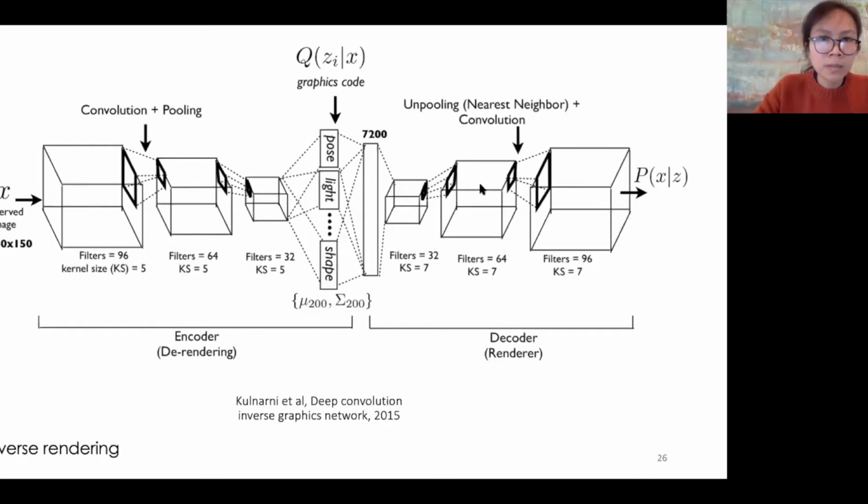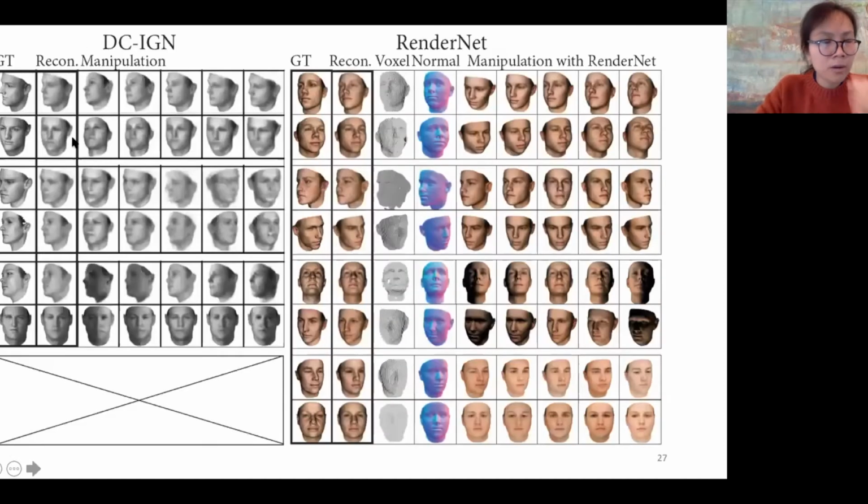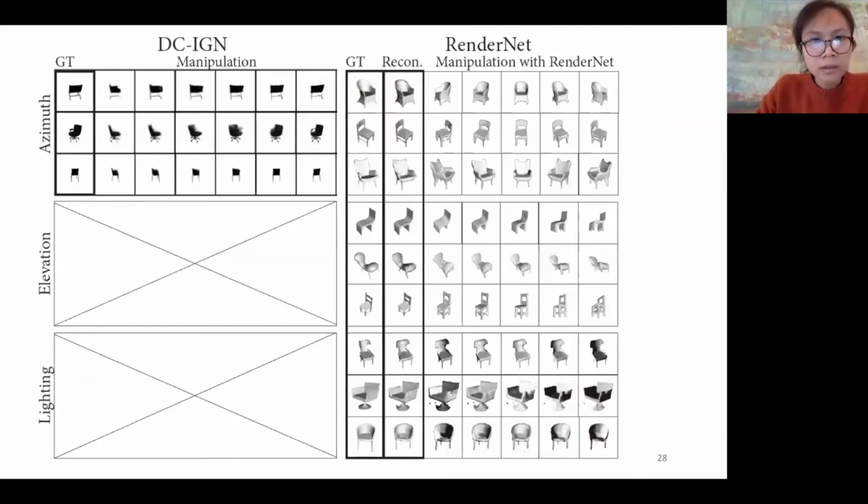So if you want to change the pose, you basically manipulate this latent variable. And if you compare that to RenderNet, this is our competitive method. As you rotate the face by interpolating this latent pose vector, there are a lot more artifacts compared to explicitly dealing with 3D geometry. The result is just much sharper and produces fewer artifacts. The same thing holds with chairs.